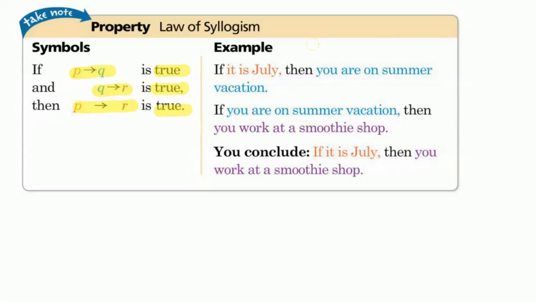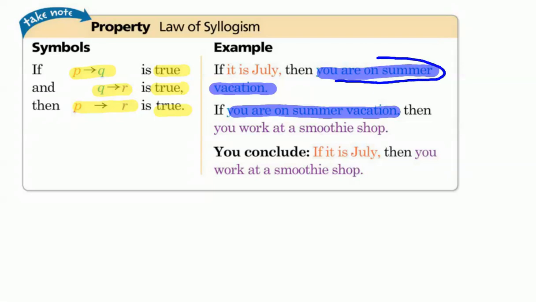So let's look at this example right here. If it is July, then you are on summer vacation. So the first thing is, I'm going to highlight you are on summer vacation. Then the second conditional statement says if you are on summer vacation, then you work at a smoothie shop. So here's the thing, very simple. Okay, this one's easier to understand.